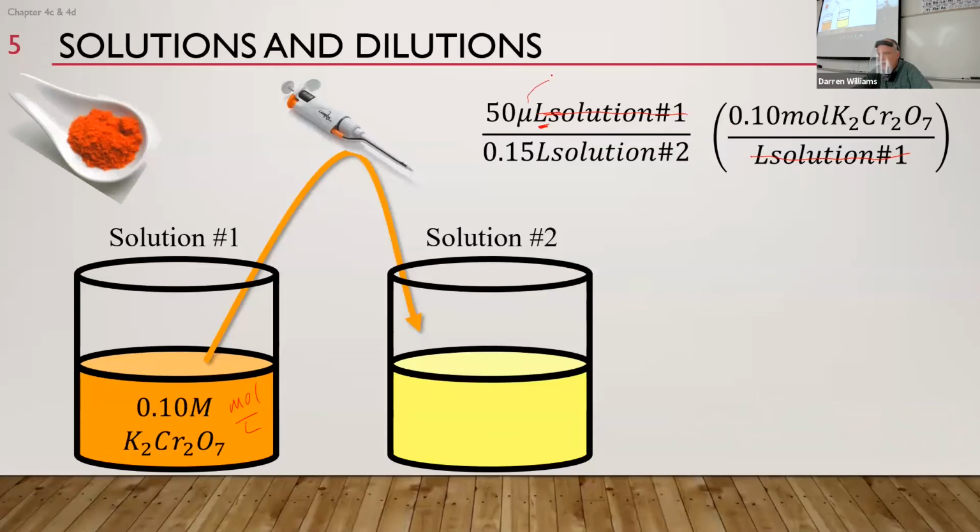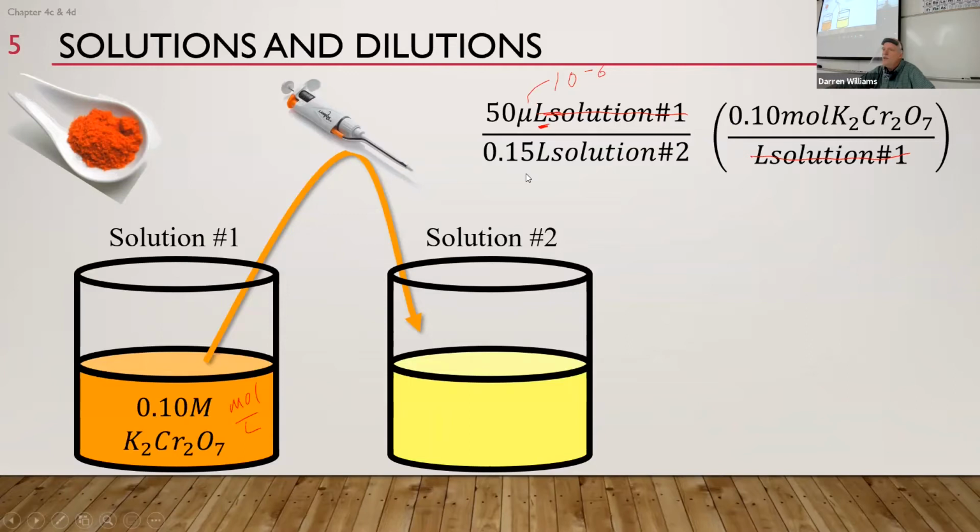But this piece doesn't go away, this micro. So that's 10 to the minus 6. And so don't forget that or we'll have a big problem on our hands. So we have 50 times 10 to the minus 6 times 0.1 divided by 0.15.